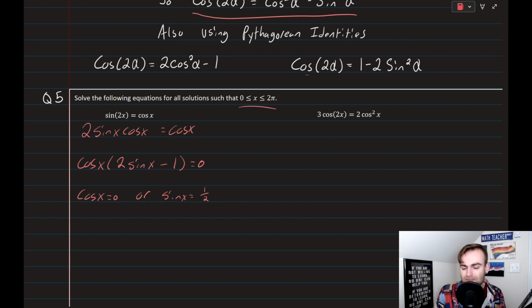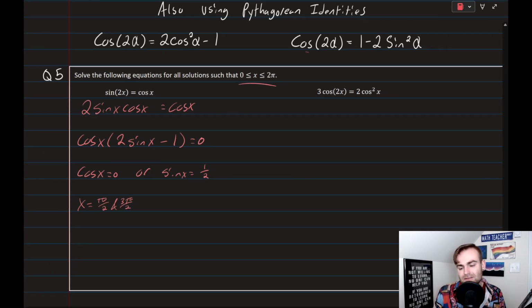We know where those occur. Cosine is 0 at pi over 2 and 3 pi over 2. I promise that I didn't mess up on this one. Sine, however, 1/2 happens twice. Again, if you're stuck, draw a circle. Where does it happen over here?